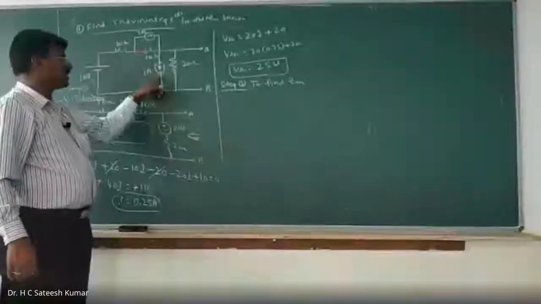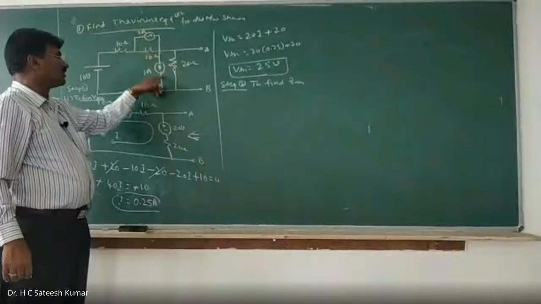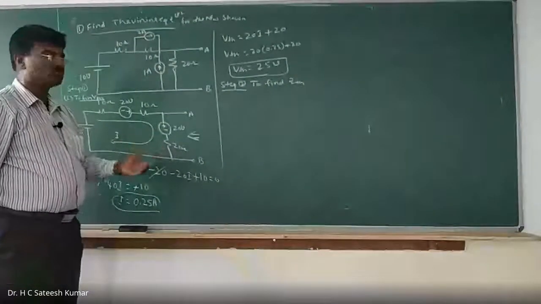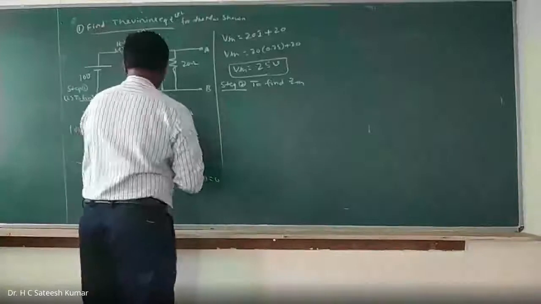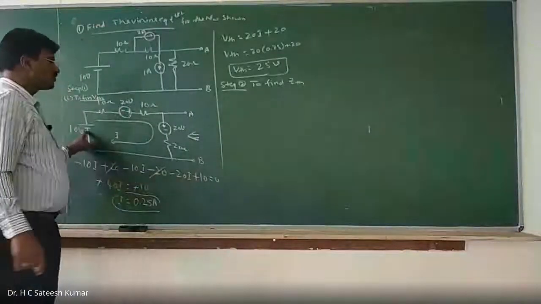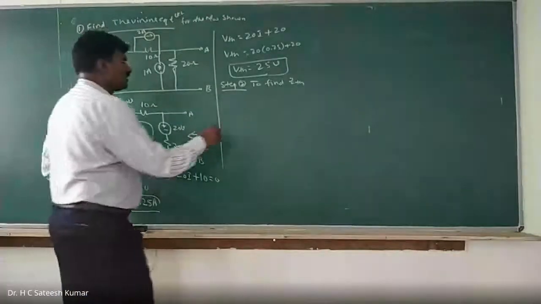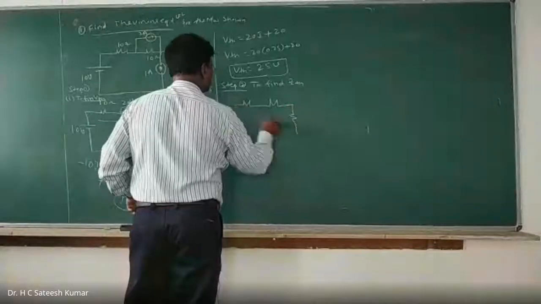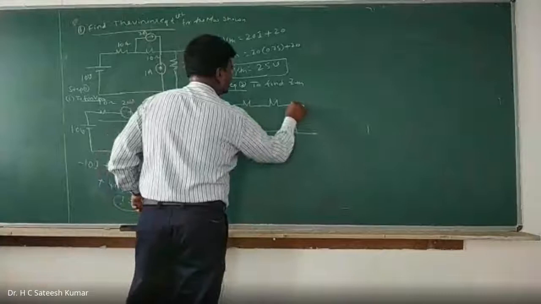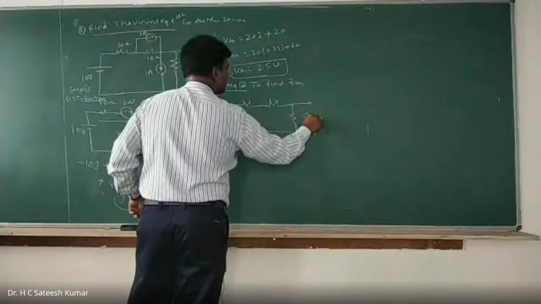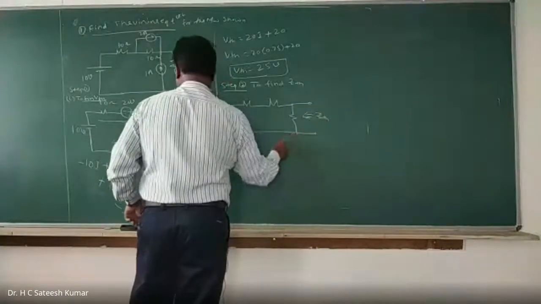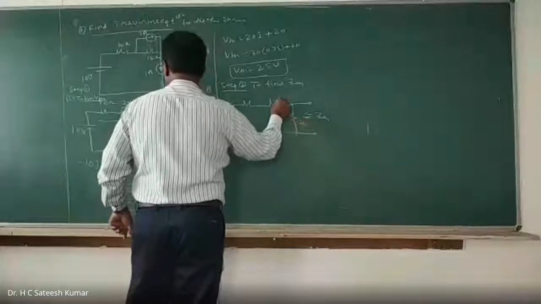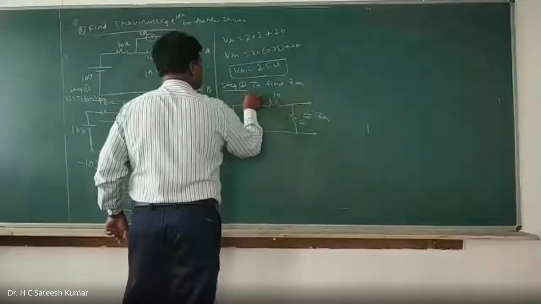Here we have converted everything into voltage sources, so voltage sources are made 0 by short circuiting. Therefore, we can write one resistance, one more resistance, and one more resistance in parallel with this. This is your ZTH, and this is 20, this is 10, this is 10.